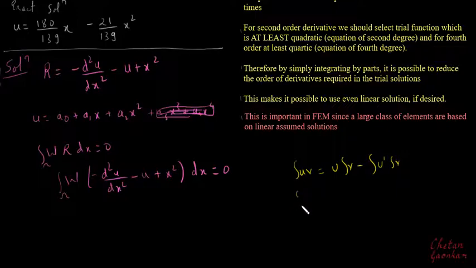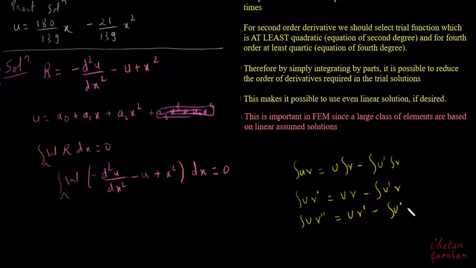If I had u into the derivative of v, this would be u multiplied by v minus the integral of the derivative of u multiplied by v. And if I had u multiplied by the double derivative of v, this would be u into the derivative of v minus the integral of the derivative of u multiplied by the derivative of v. This is what we will be using in this case.